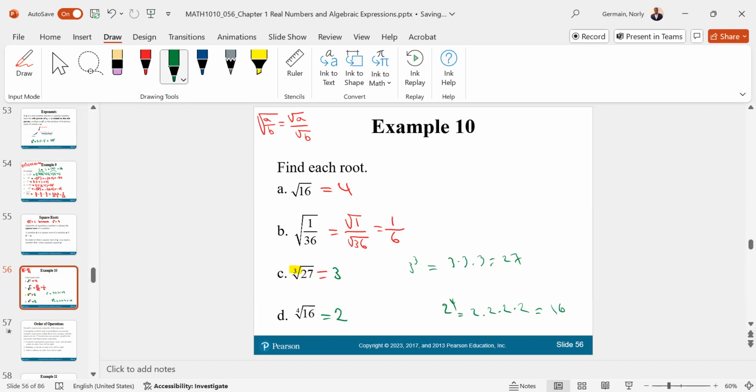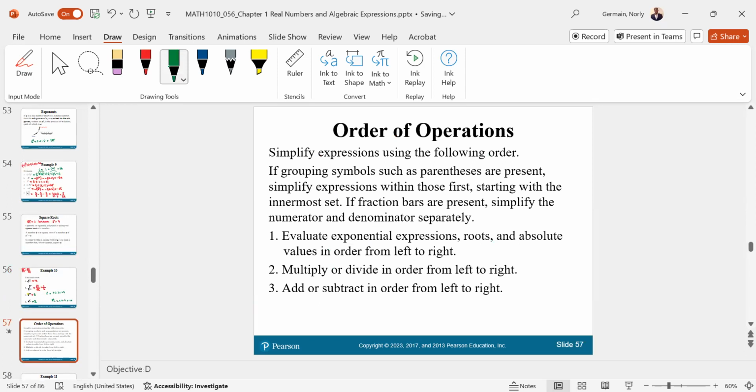Now, order of operations, very important. If you simplify expressions using the order of operations, it's very important to do PEMDAS, all right? So we said PEMDAS, P stands for parentheses. So you do everything in parentheses first, then you do the exponents.